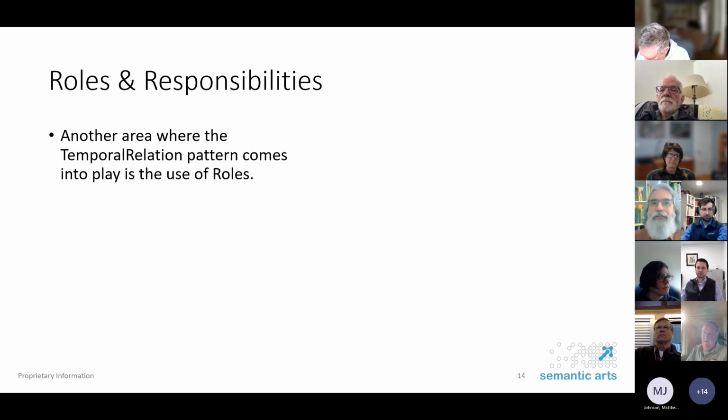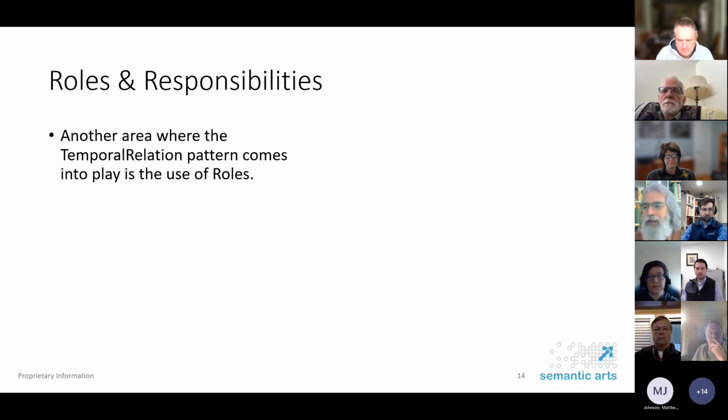All right, so now we're getting into some new stuff, and I want to preface that everything I'm going into from this point on is a personal opinion or idea of mine. This has really not been put through the ringer of the broader semantic arts ontological community.